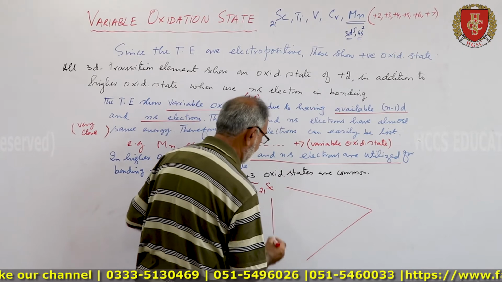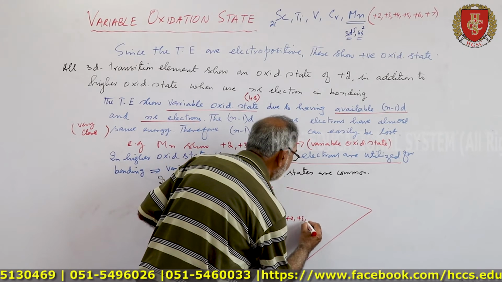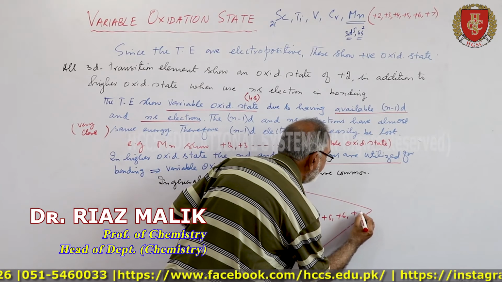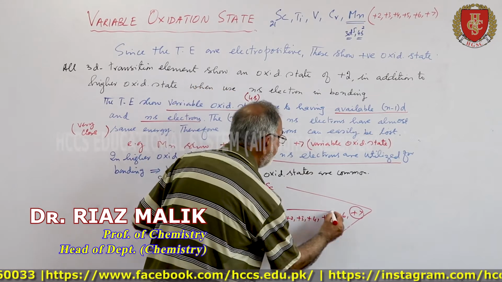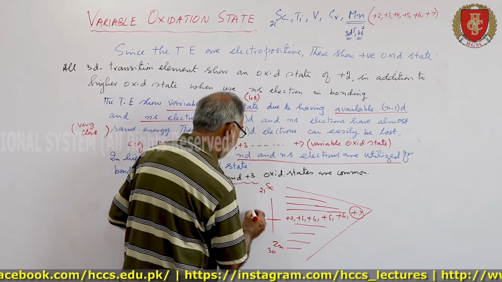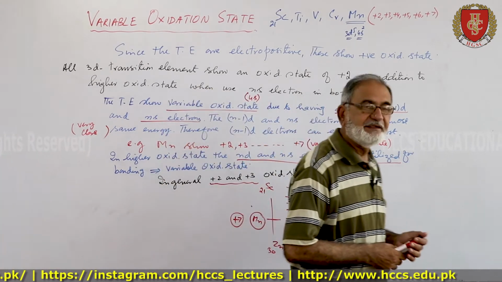Here is manganese, that is +2, +3, +4, +5, +6 and +7. Like this, the maximum is +7 in the case of manganese.